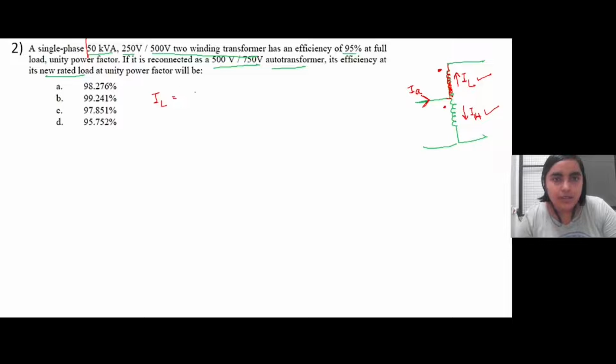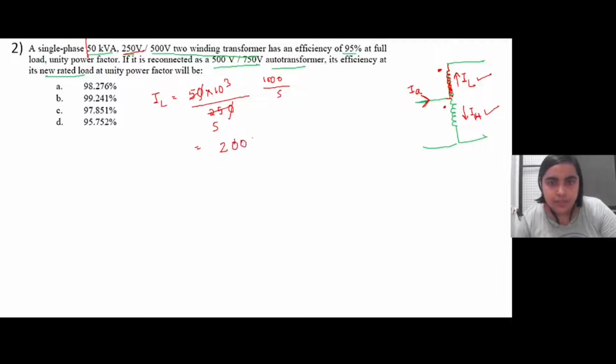So how will you find the low voltage current? It will be equal to the rated power that is given, 50 kilovolt ampere divided by the voltage on the low voltage side. So it is 250. So it is basically 1000 by 5, that is 200 ampere.